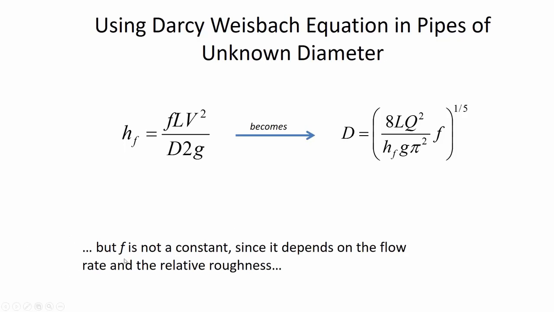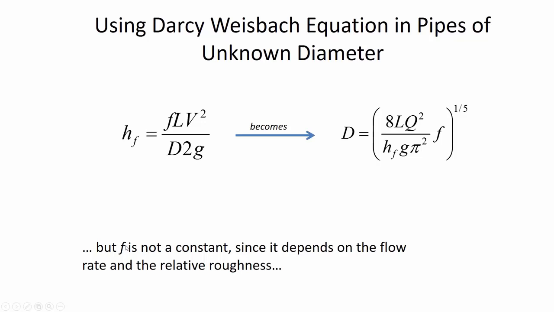Now, what makes it tricky, though, is the f value, because remember from the Colebrook equation, the f value is hard to calculate because it's implicit. Even if we use the Jain equation, which is the explicit equation, it's tricky because anytime we change the diameter of the pipe, we're changing the velocity of the water inside the pipe.